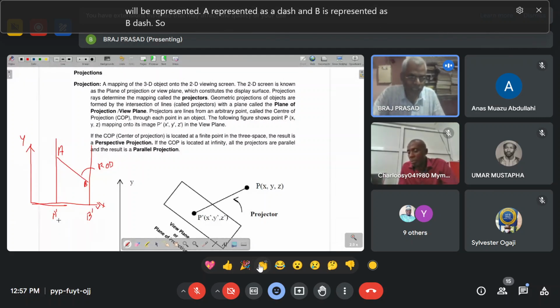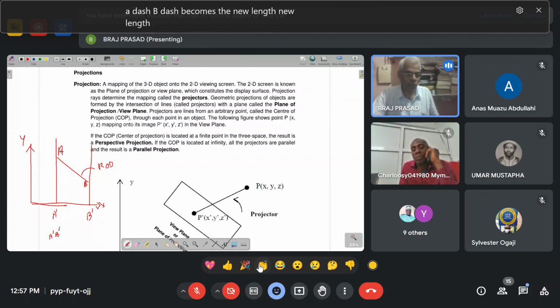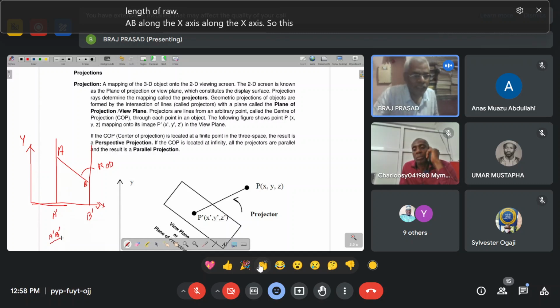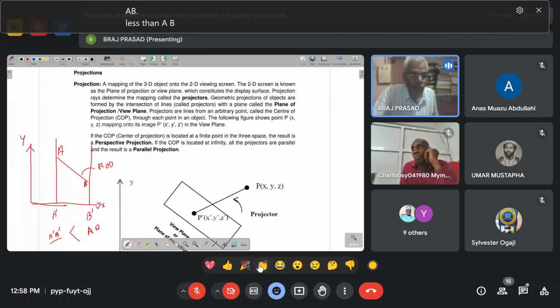So A dash B dash becomes the new length of rod AB along the x-axis. This A dash B dash is the length of AB, but the length of A dash B dash is less than AB, because this rod is inclined.